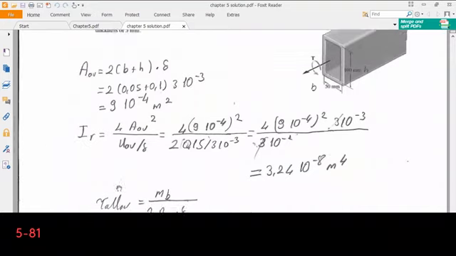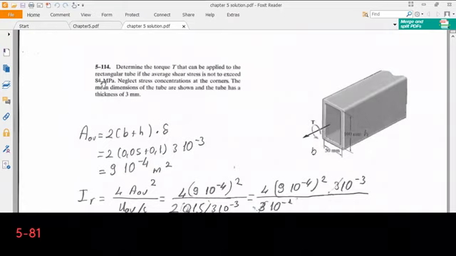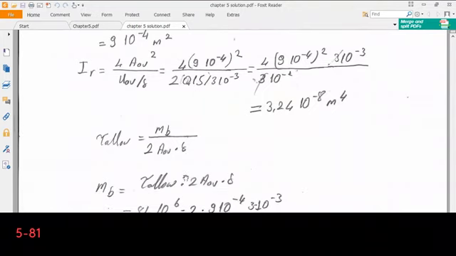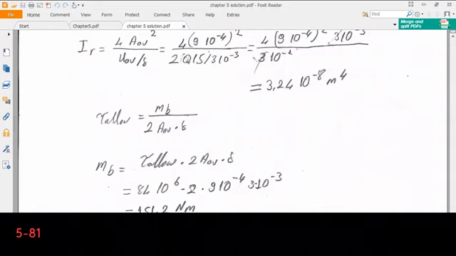Okay, so we are given the allowable shear stress. Allowable shear stress is given as 84 megapascals, and that has to be equal to the applied torque divided by 2 times the average area multiplied by the thickness. From here I can calculate the applied torque or moment, and that is equal to tau allowable multiplied by 2 times the average area multiplied by the thickness of the profile.